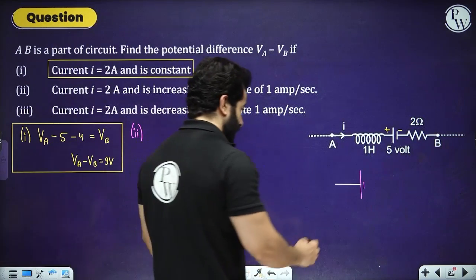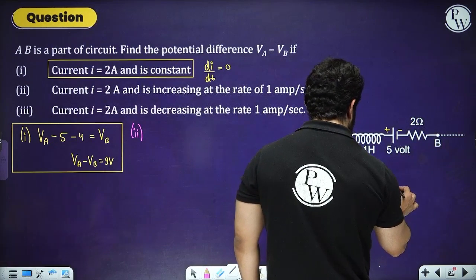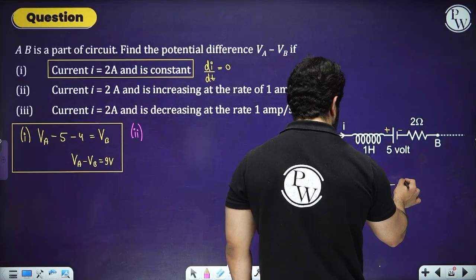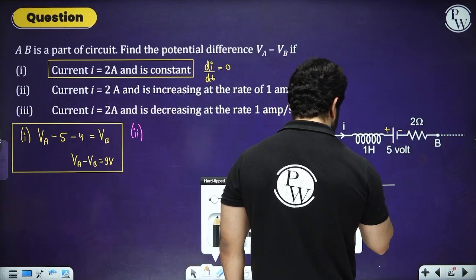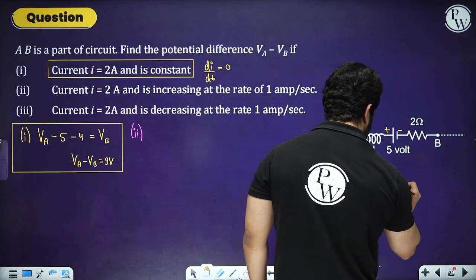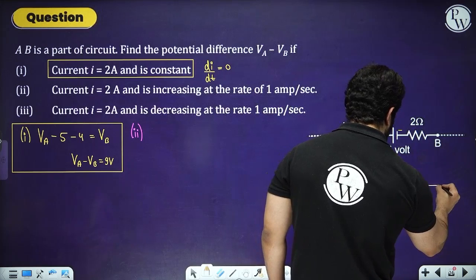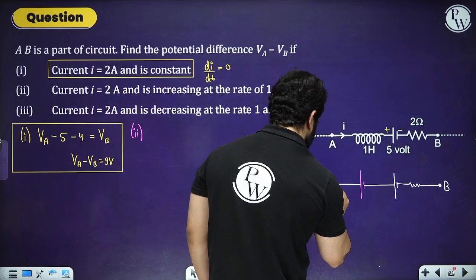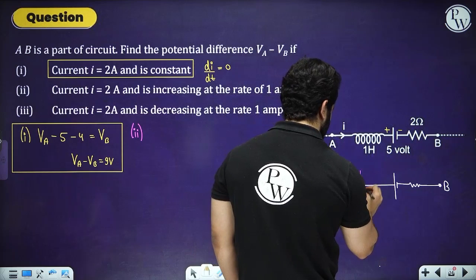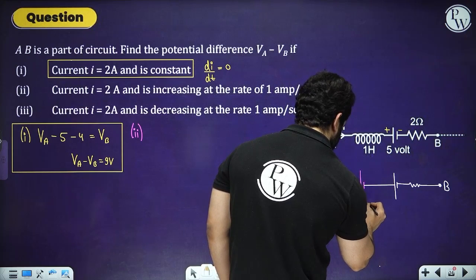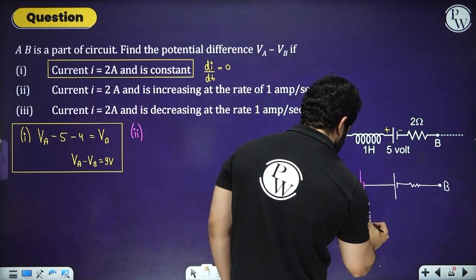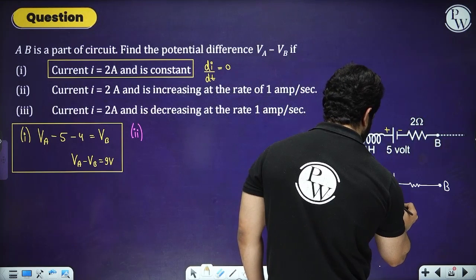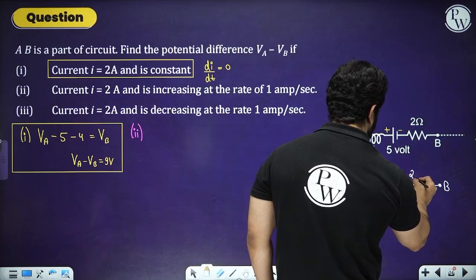Then again we have got a battery as they have shown in the figure, then a resistance, and then point B. This is L di by dt, this is 5 volt, this is 2 ohm.